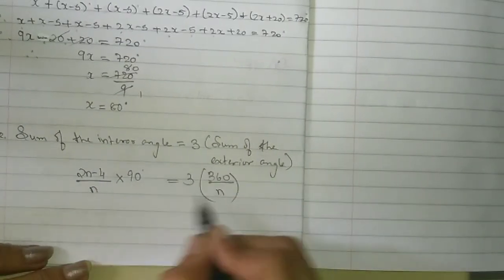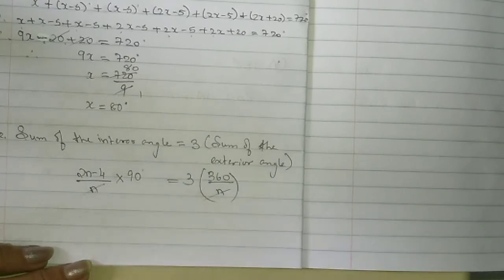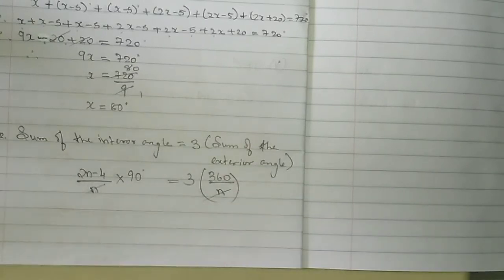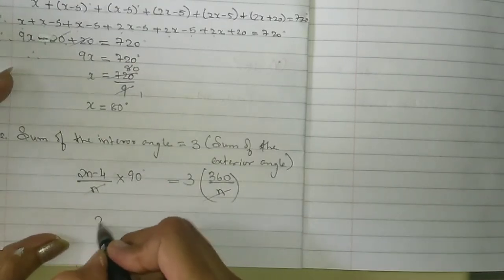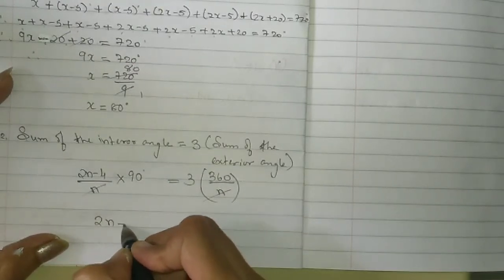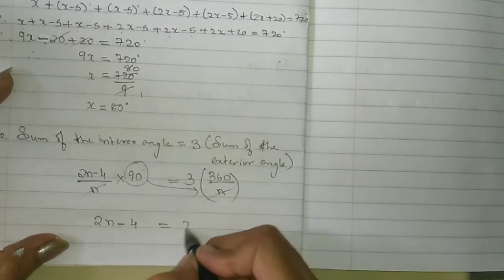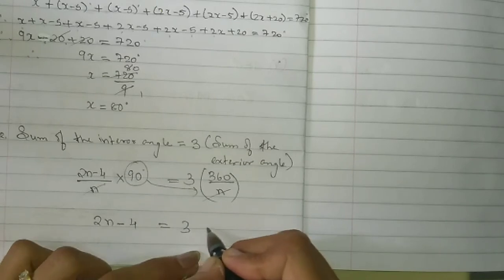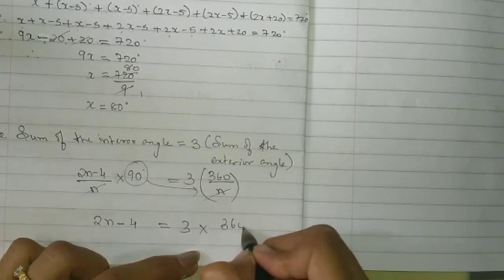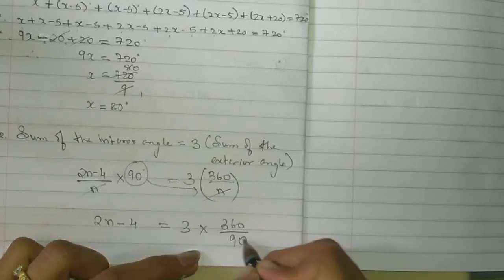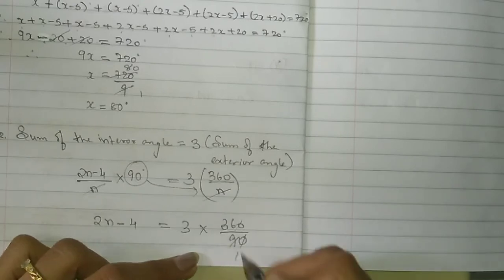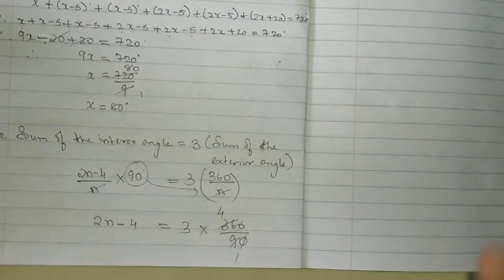Now both the n we can cancel over here, because it is in multiplication. Now 2n minus 4 equal to, this 90 goes over here, so 3 into 360 upon 90, 0 0 cancel, 9 1s are 9, 9 4s are 36.